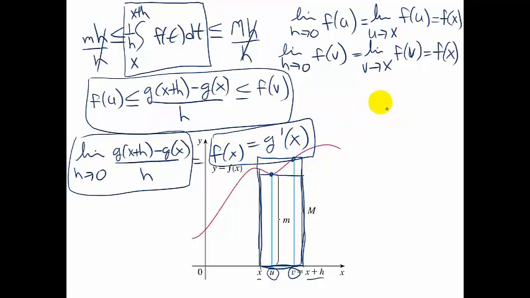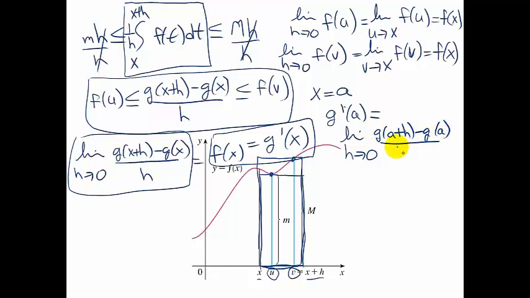Let's look at the idea then of continuity. So if we had x equaling a, then g prime of a would equal the limit as h approaches 0 of g of a plus h minus g of a all over h, but we know that limit equals f of a.